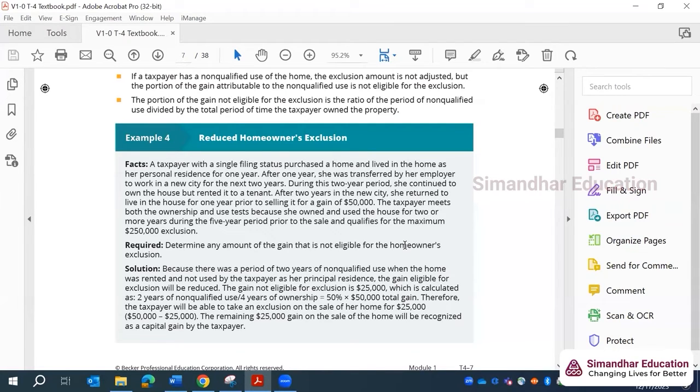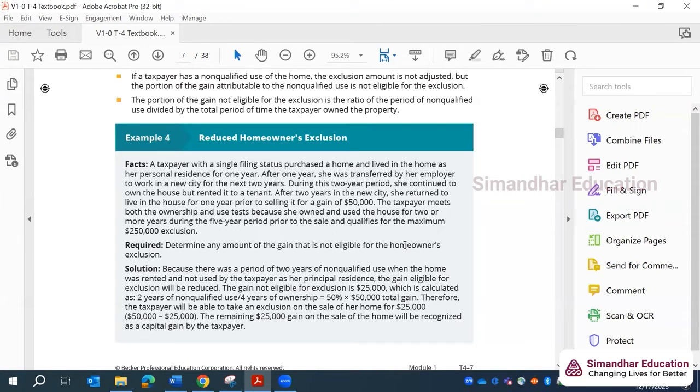But what is the period for which the property was rented? Of the 4 years that she has owned the property, what is the period for which the property was rented? The property was rented for 2 years. That means those 2 years are non-qualified use of property. Okay. So what did I mention?